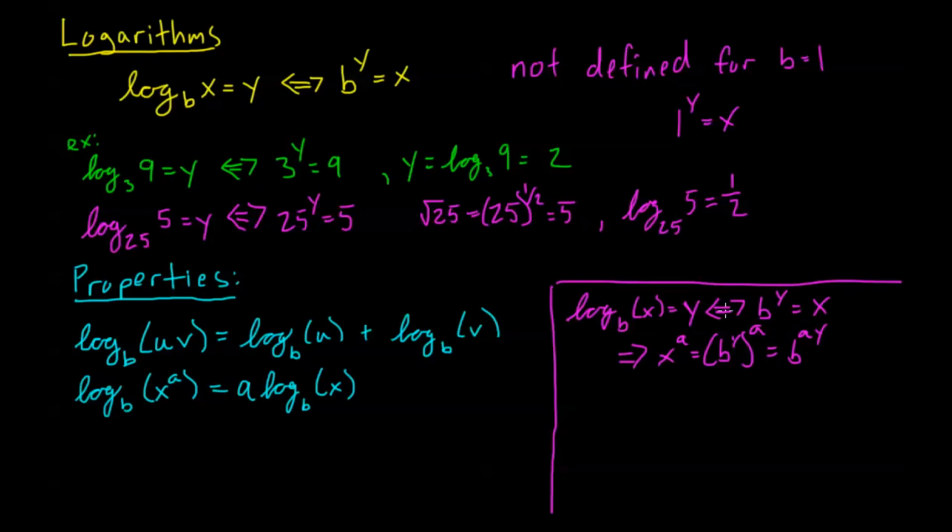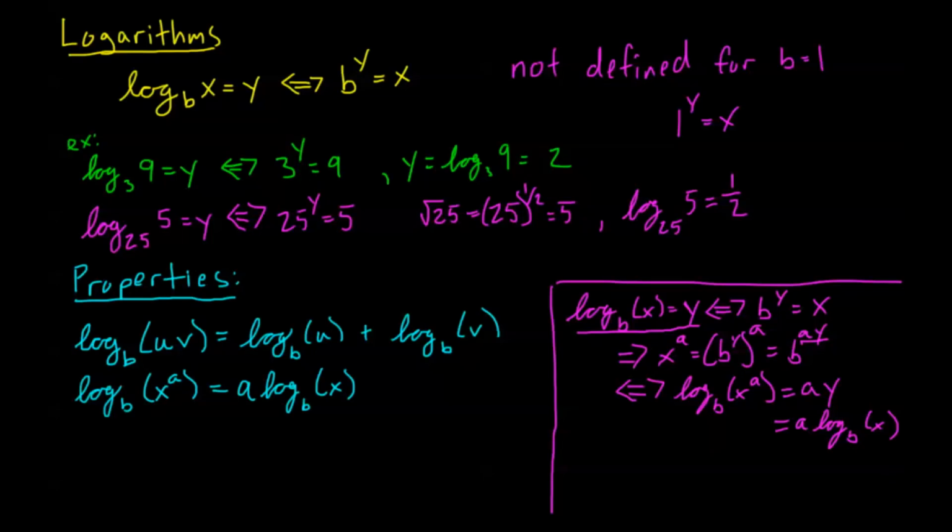So this is saying that if log base b of x equals y, then log base b of x to the a, using my definition the other direction, is equal to a times y. And we already defined y up here as being log base b of x, so this is just a times log base b of x. So there's a little derivation for you of this second one.